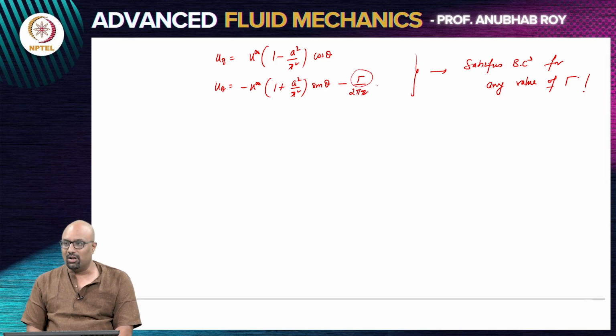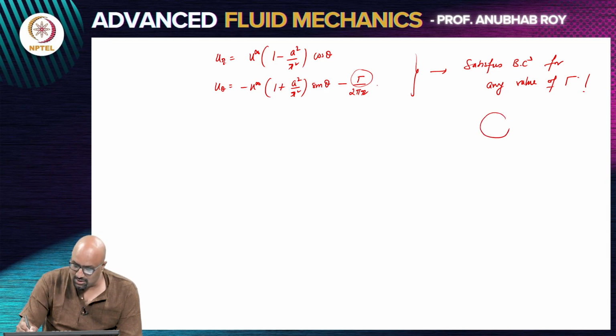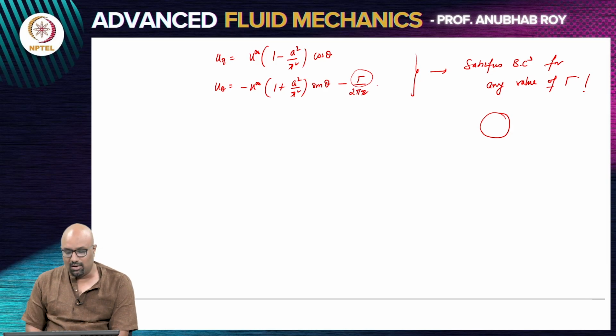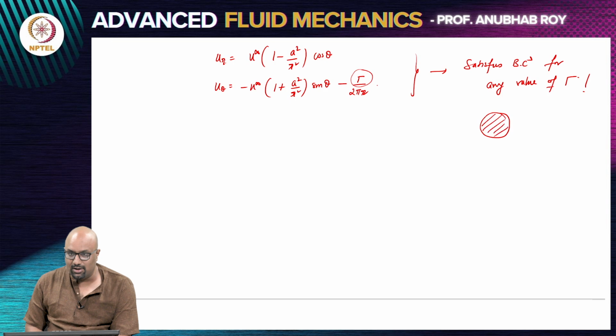So, this basically boils down to the fact that there is a certain degree of non-uniqueness that you have, because each of us can have different values of circulation and it gives you different answers, but it all will satisfy the same equation and same boundary condition. So, this comes about in terms of the fact that, just to go over this very quickly, you have this circular cylinder in the domain.